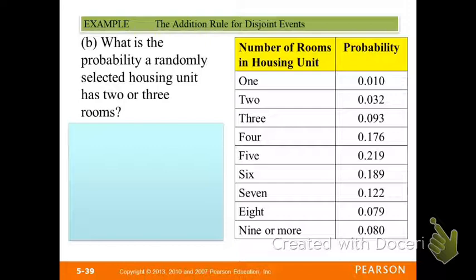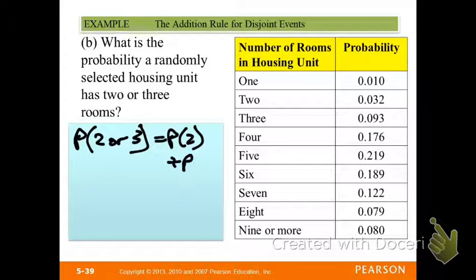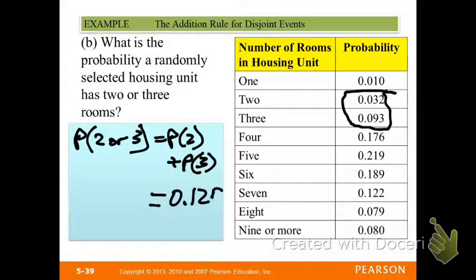Okay, so the probability that a housing unit has 2 or 3, because they're disjoint events, is the probability of 2 plus the probability of 3, which is equal to these two values, 0.32, 0.093, and that gives us 0.125.